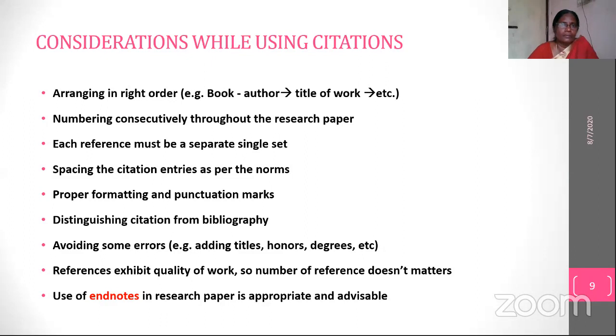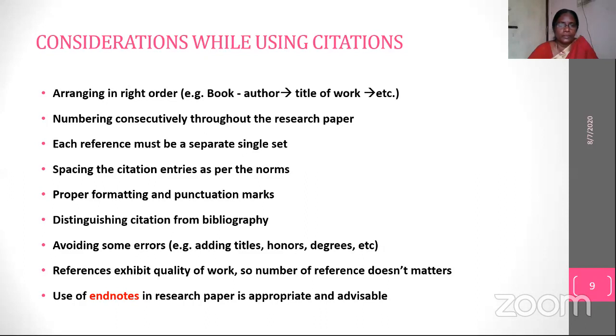So we are using citations and references to exhibit the nature, that is, the quality of our work. References support our claims, support our statements. Openly, the references are thundering that this is great, this is unbiased, it is objective.